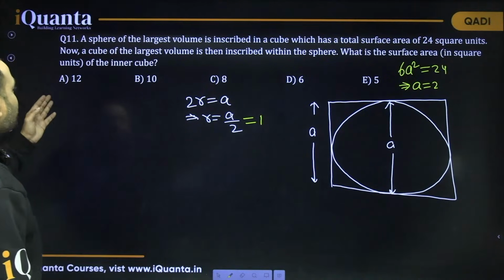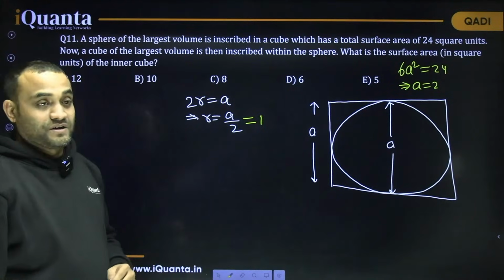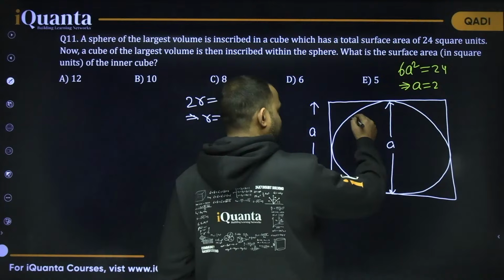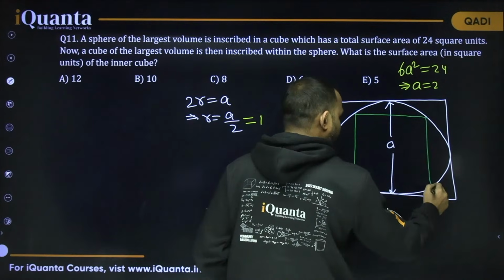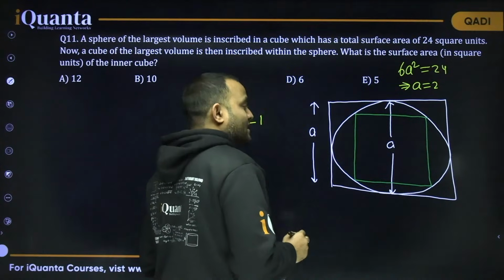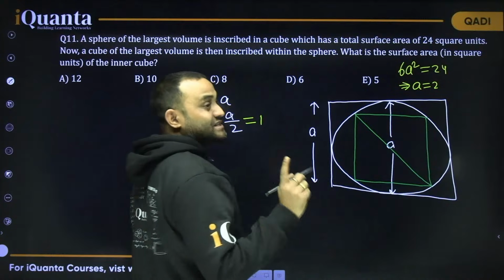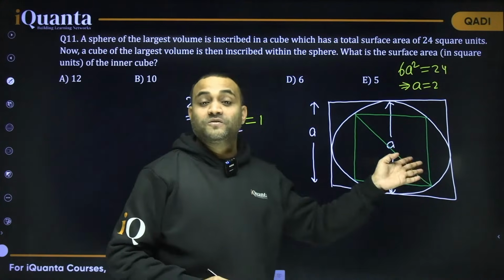Then it says now cube of largest volume is then inscribed within the sphere. So if you put a cube inside this, what will happen in that situation? The body diagonal of this cube will be equal to the diameter of this sphere.